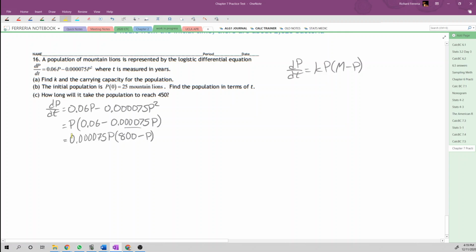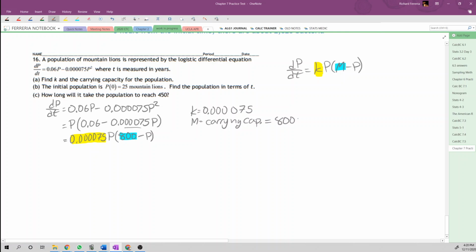So now as I compare the numbers, I've got this 0.000075 in the same position as the k, and I also have 800 in the same position as M. That's pretty good justification for me to say that k is equal to 7.5 times 10 to the negative 5, and then M is equal to the carrying capacity, and that's equal to 800.